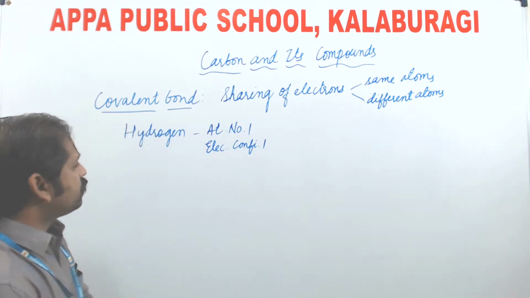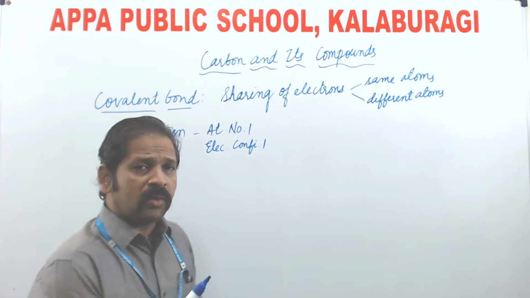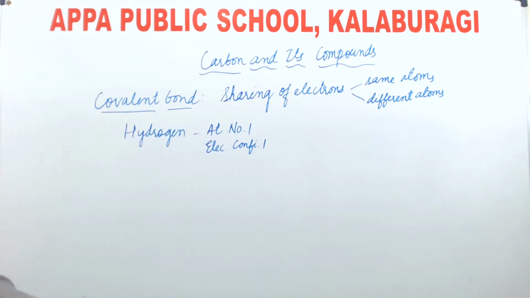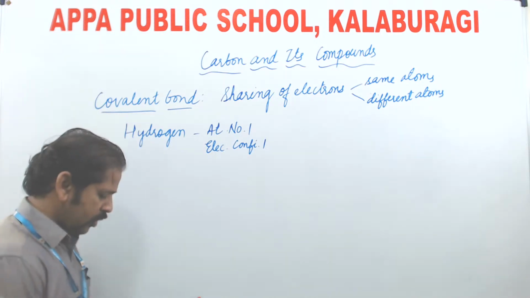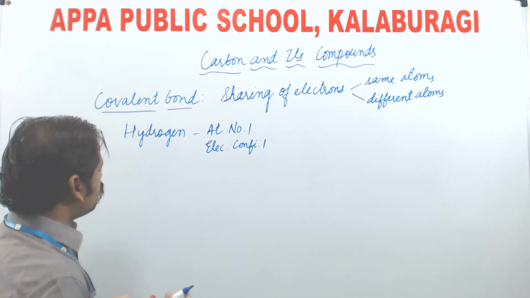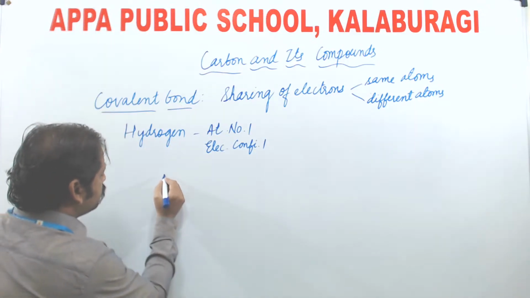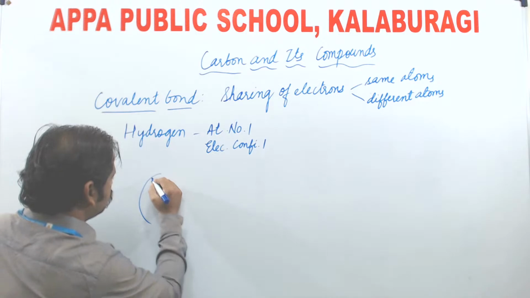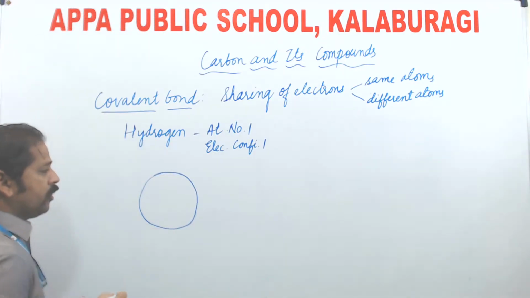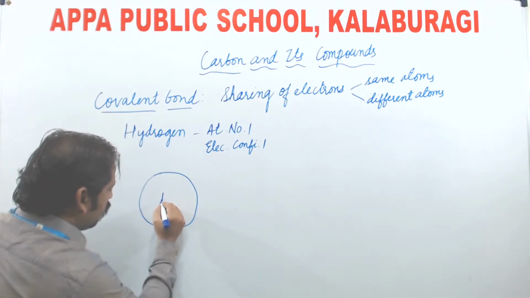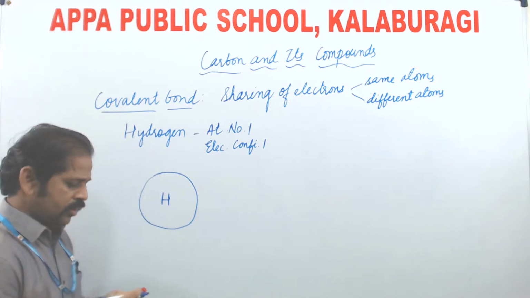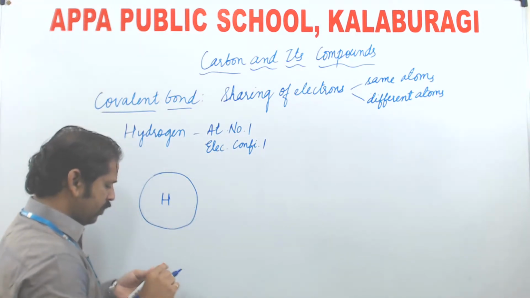Now, what happens? I'll use two different pens to show the difference between the two electrons. This is the first hydrogen, having one electron.